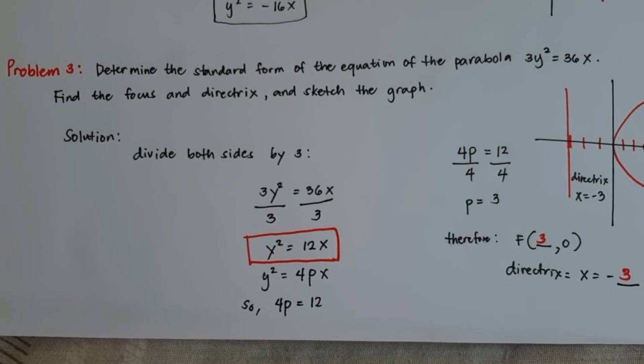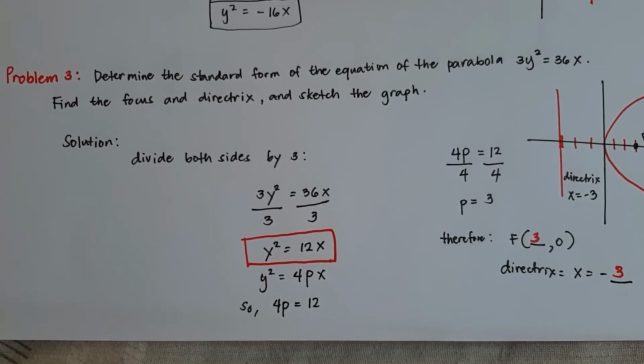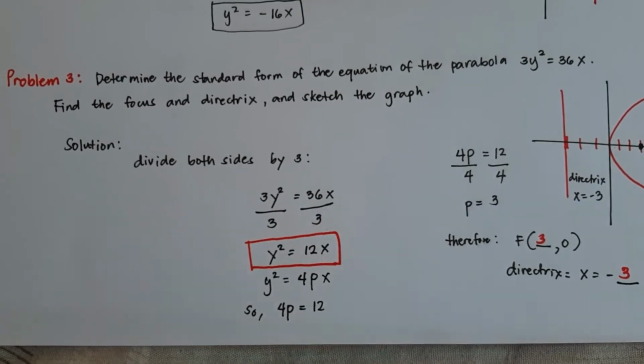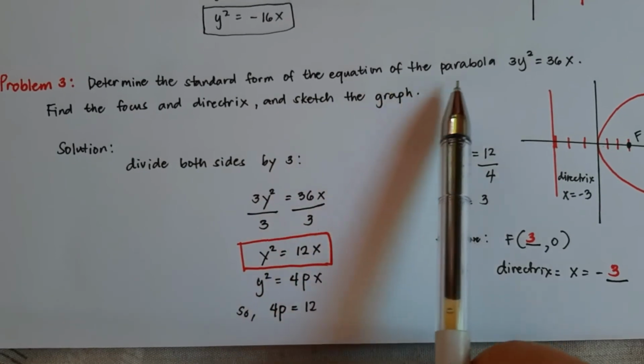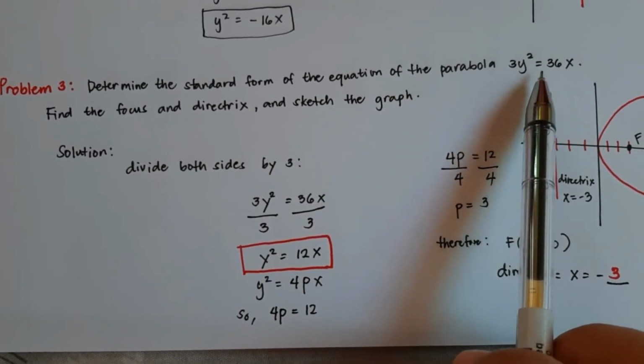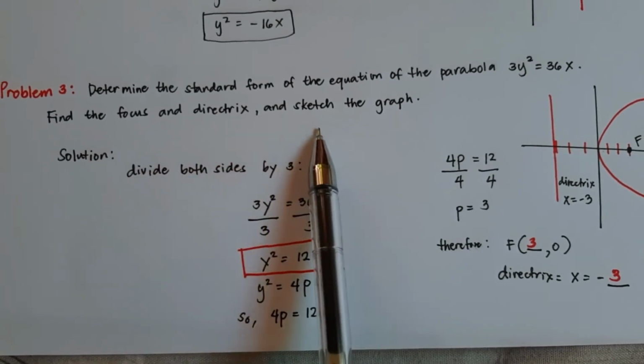So, medyo kakaiba tong problem na to kasi may numerical coefficient na yung y squared. Determine the standard form of the equation of the parabola 3y squared is equal to 36x. So, find the focus and directrix and sketch the graph.